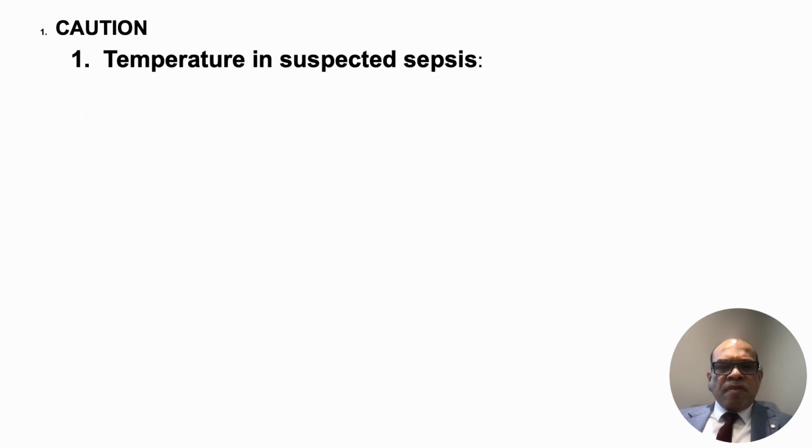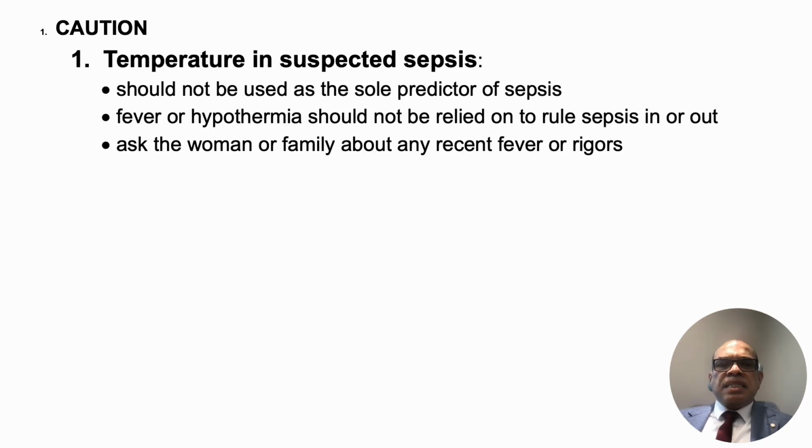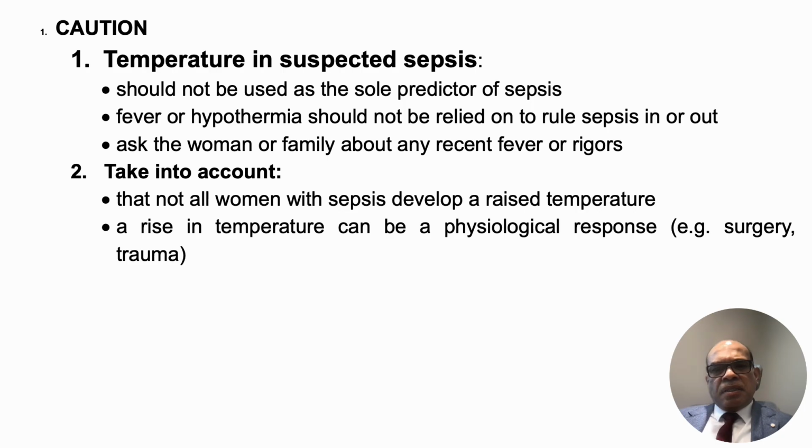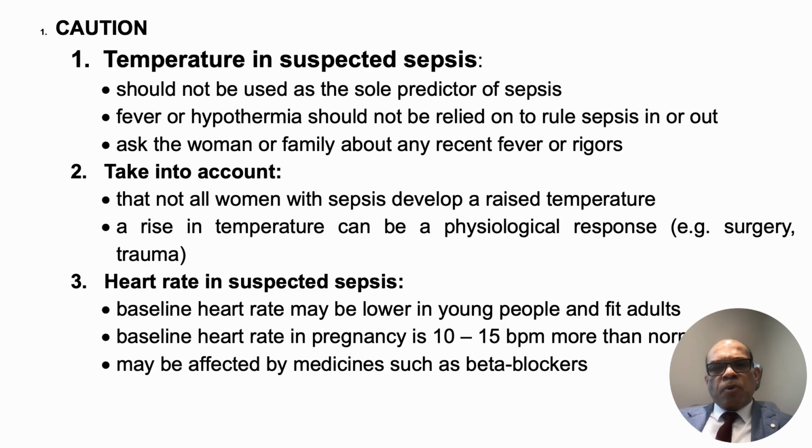clinical symptoms will vary. Please remember, temperature increases first in infection because of increased metabolic rate. But as the disease progresses, due to vasoparalysis and loss of temperature regulation, we have hypothermia. So in early stages it is increased temperature, then it is hypothermia.